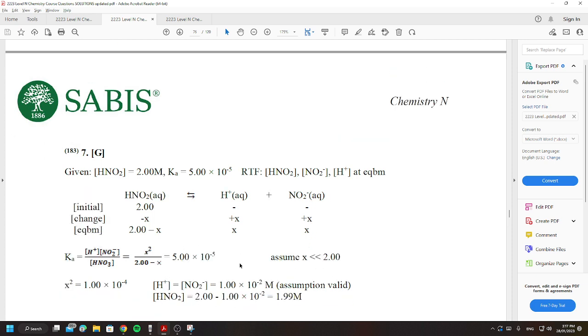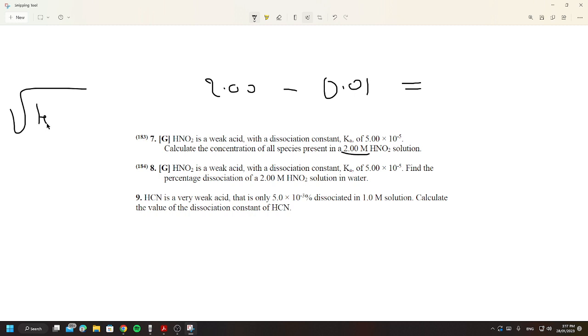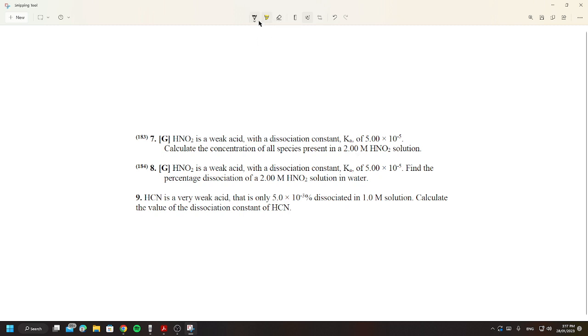So we got H and NO2 minus to be 0.01, and then for HNO2, you're just going to do the initial concentration, 2.00 minus 0.01, and you're going to get 1.99.